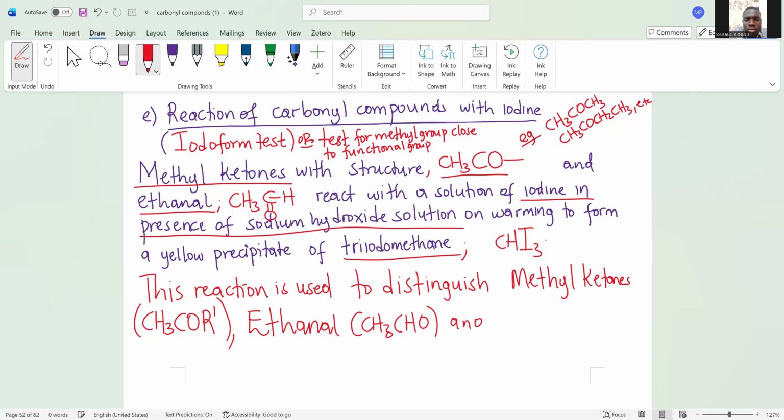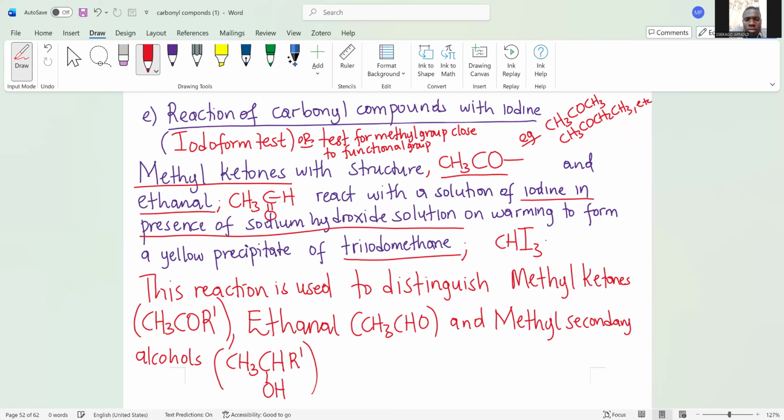and methyl secondary alcohols. How do methyl secondary alcohols look like? They have a methyl group close to the carbon carrying OH.